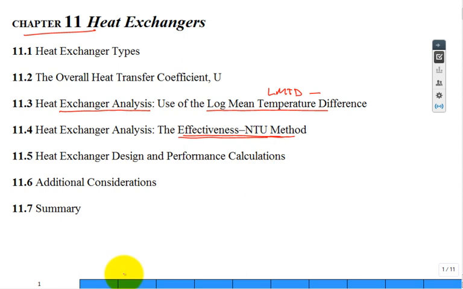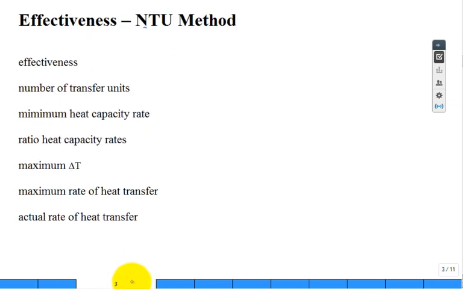All right. So what was this effectiveness NTU method? We introduced it last time. All it is, it's kind of abstract, is a relationship between these two parameters. And you can do it in equations, where if I want to get the effectiveness, it's a function of the number of transfer units and then the ratio of heat capacity rates.